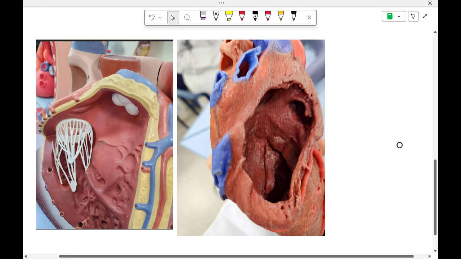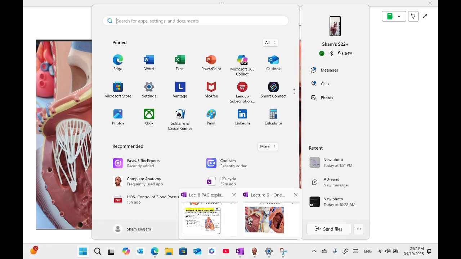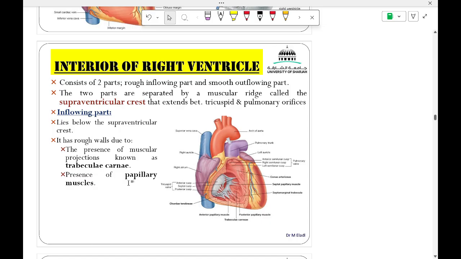This is basically just a muscular ridge that is going to separate the tricuspid orifice from the pulmonary orifice that leads into the pulmonary trunk and the pulmonary arteries, and this is the supraventricular crest. Okay, this portion. Now, moving on, the inflowing part is going to be rough, as I said. So we have smooth outflowing, rough inflowing. The outflowing is going to be above the supraventricular crest. The inflowing is going to be below the supraventricular crest.